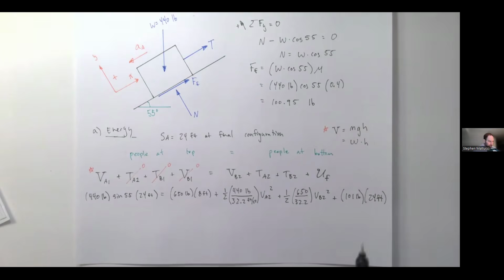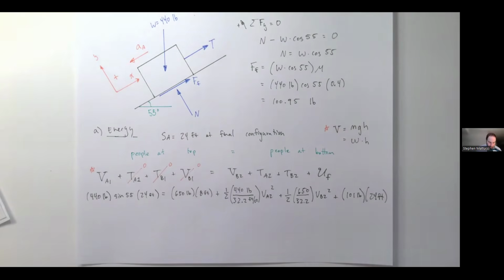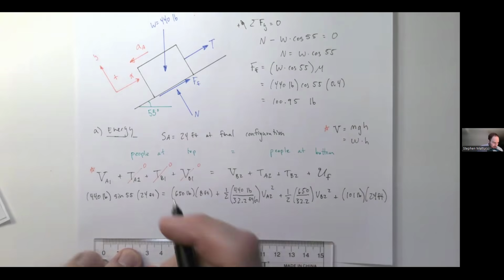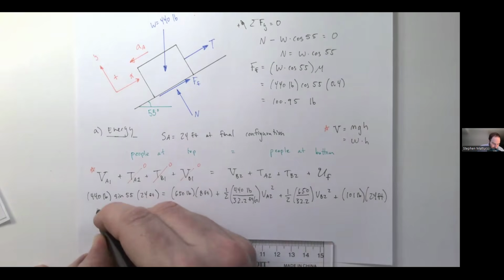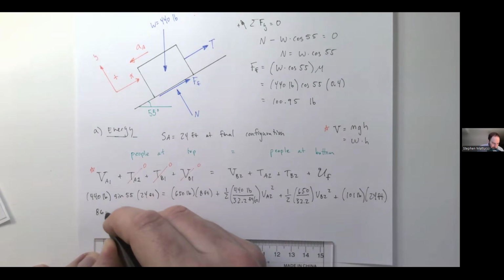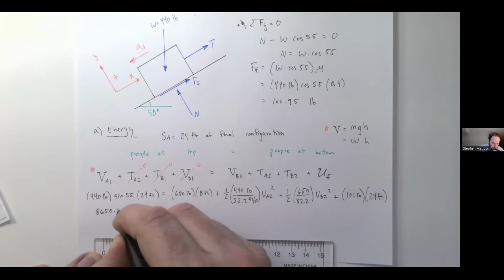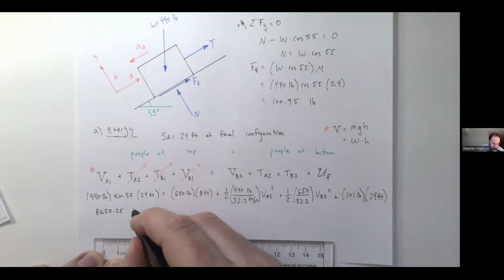Okay, now we can do some math, solve this all out. Make sure I've got enough space here. So this term is going to be 8,650.25.